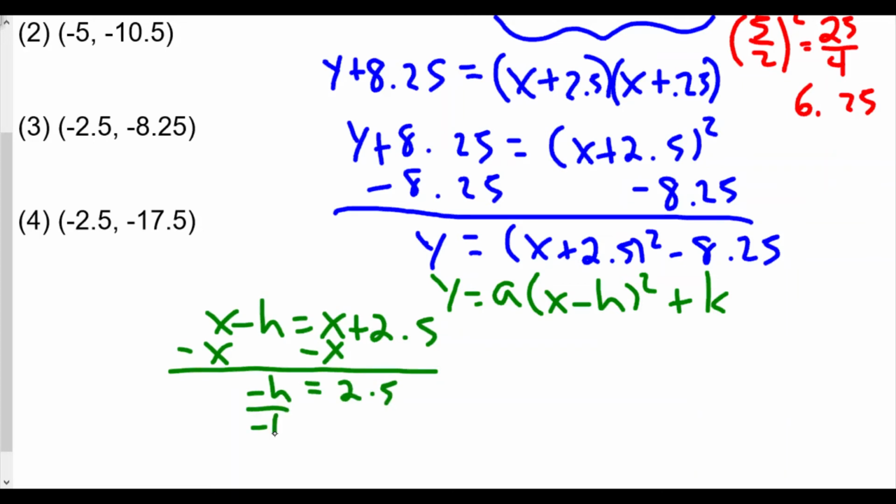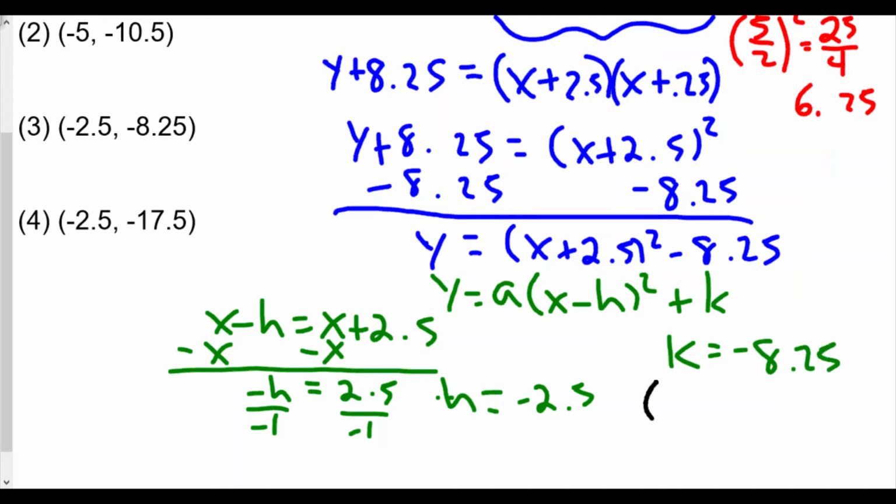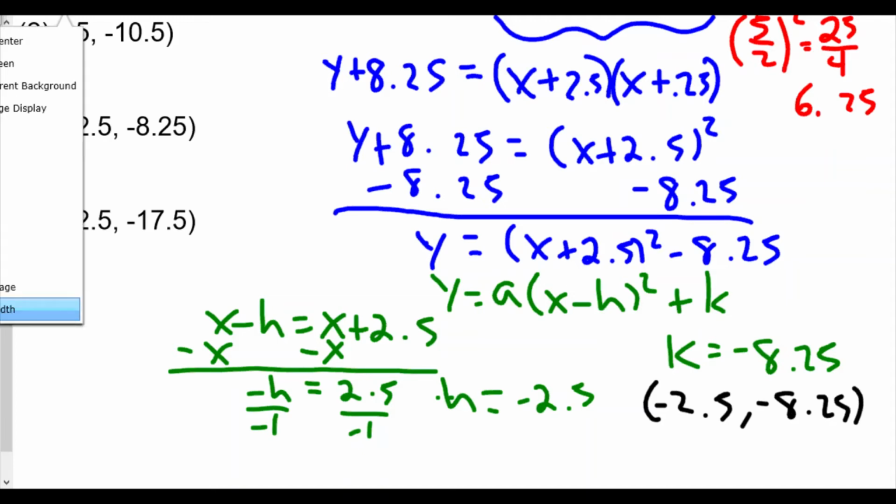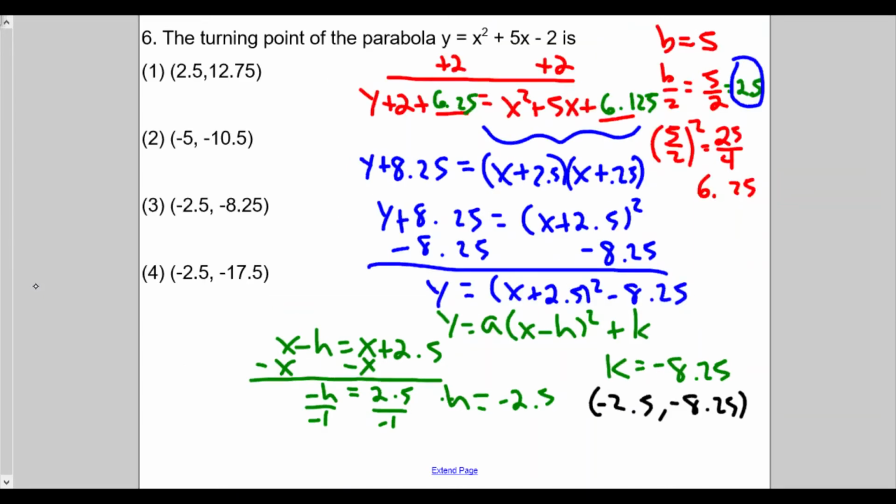Divide both sides by negative 1. h equals negative 2.5. The other thing I'm comparing is k is equal to negative 8.25. So our vertex, or turning point in this case, is negative 2.5, comma negative 8.25. And when we take a look at our choices, it looks like it's going to be choice 3.